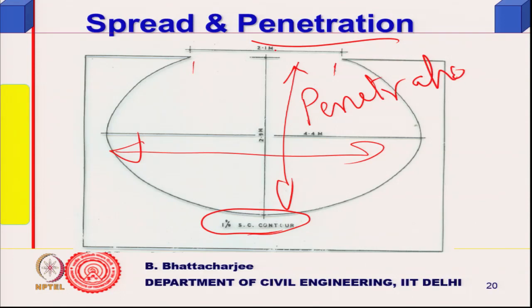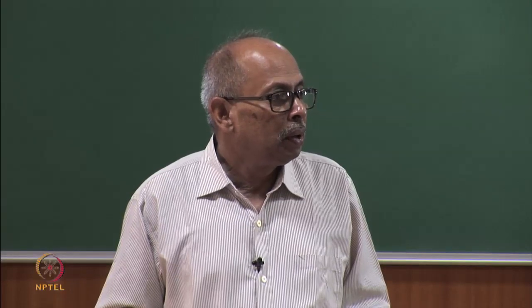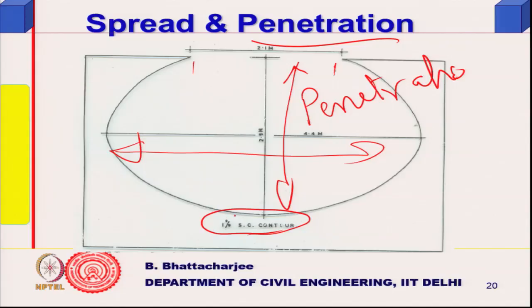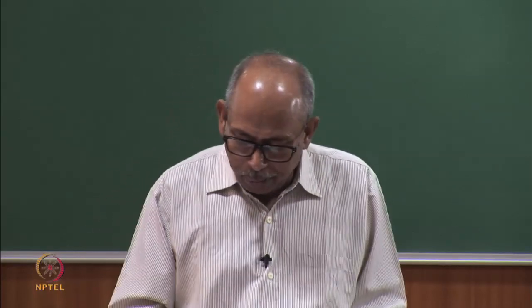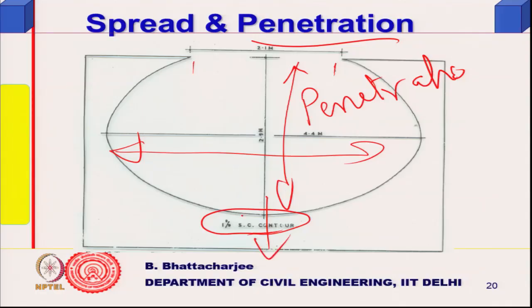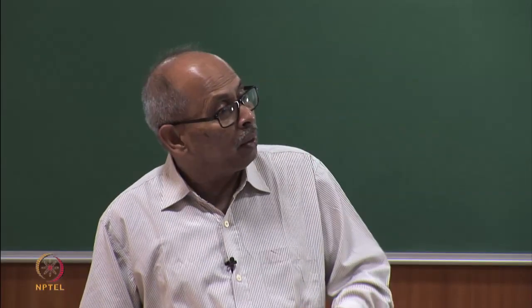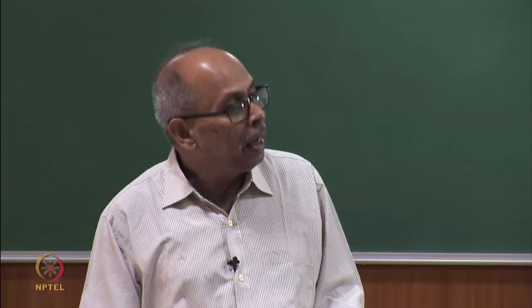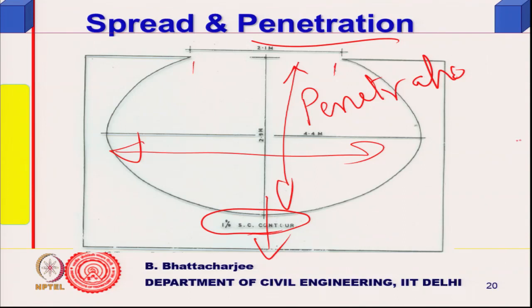Your common sense would tell you, if you increase the height of the window, the penetration will increase for any percent, whether you take the 1% or 2% sky component contour. Let us say 1% is the minimum sky component you want to ensure. So, penetration will increase as the height of the window increases. If the width of the window increases, then the spread will increase.